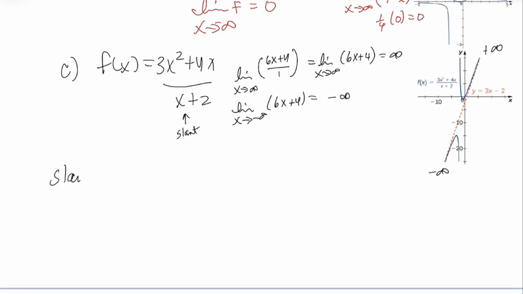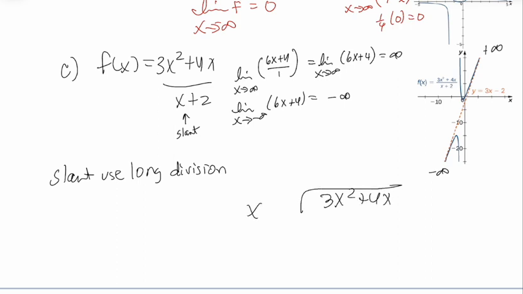To find a slant, you have to use long division. I know, that's gross, isn't it? So we're going to do 3x squared plus 4x divided by x plus 2.